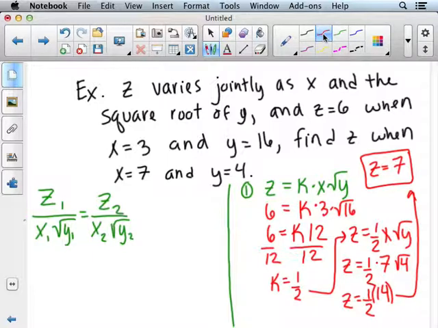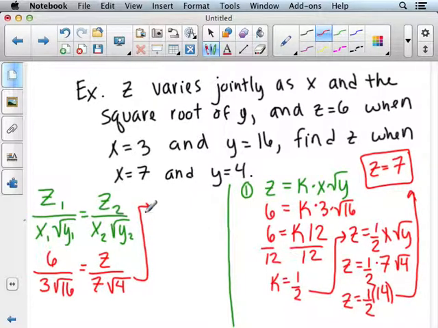Okay, plugging in what we know. We've got z1 is 6, x1 is 3, y1 is 16, equals, we don't know z, divided by x2 is 7, y2 is 4. So simplifying that, 6 over 3 is 2, so we get 2 over, and square root of 16 is 4.